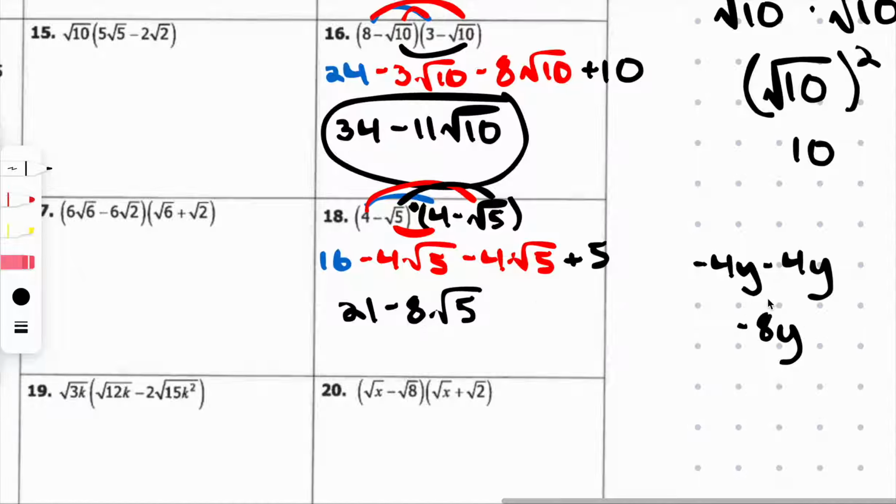And just as a note to keep in mind, if I said 4y minus 4x, you can't simplify that. So it's the same thing. They have to be the exact same thing. If they have a different index, which is that number that would go right near this part of our radical, then if those numbers are different, it's like saying y versus x. We can't add or subtract it. Same thing with radicands, if they're different, which is the number under the square root.